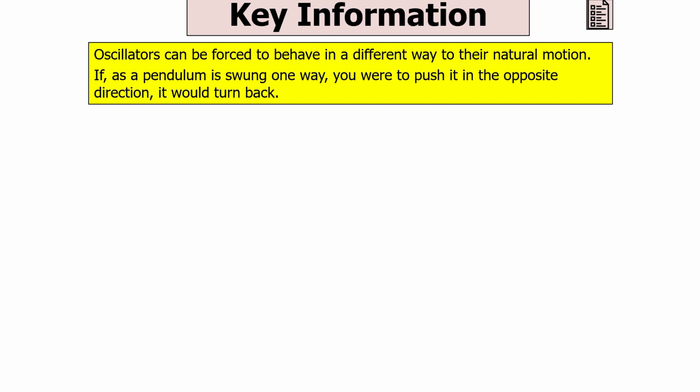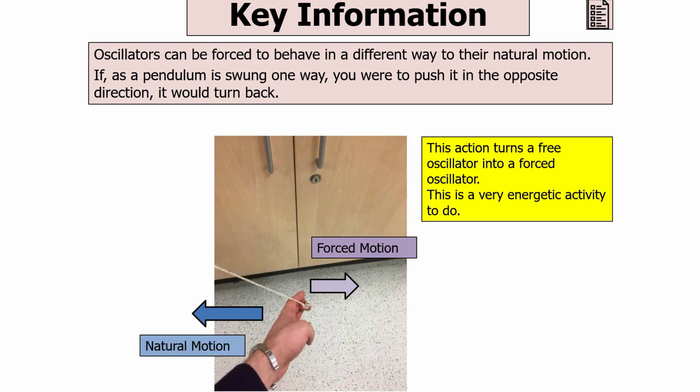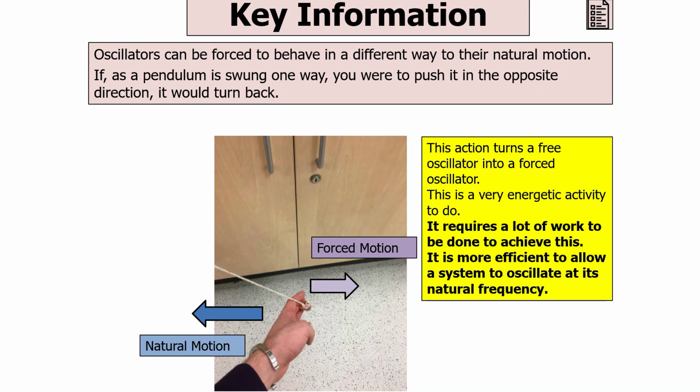Oscillators can be forced to behave in a different way to their natural motion. If, as a pendulum is swung one way, you were to push it in the opposite direction, it would turn back. This action turns a free oscillator into a forced oscillator. This is a very energetic activity to do. It requires a lot of work to be done to achieve this.